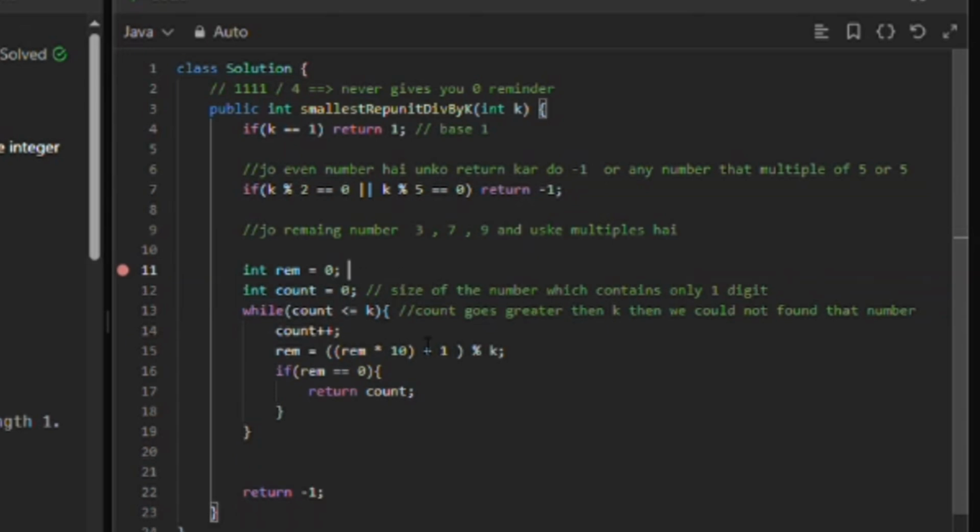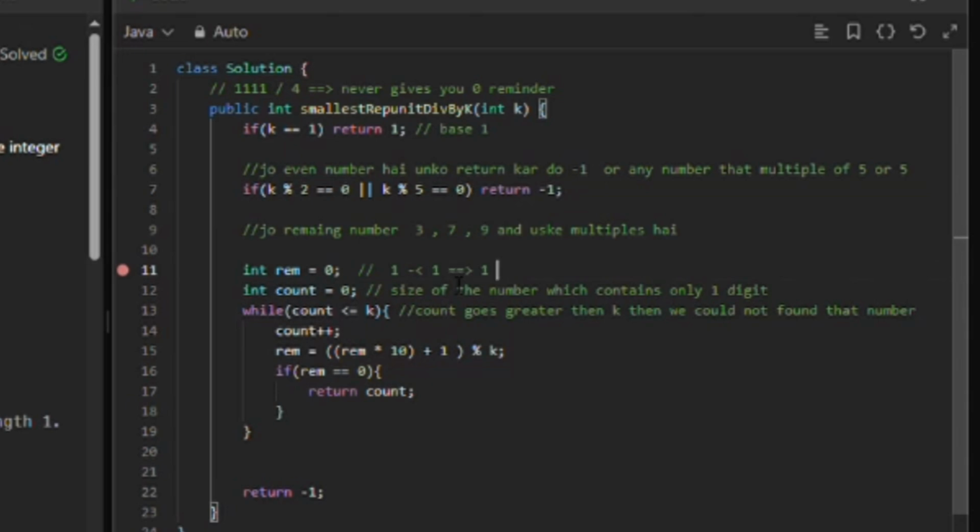Now we move on to the next approach. We have to take a number that contains only the digit 1, so we have to append 1 to the number, like 1. How do we do it?